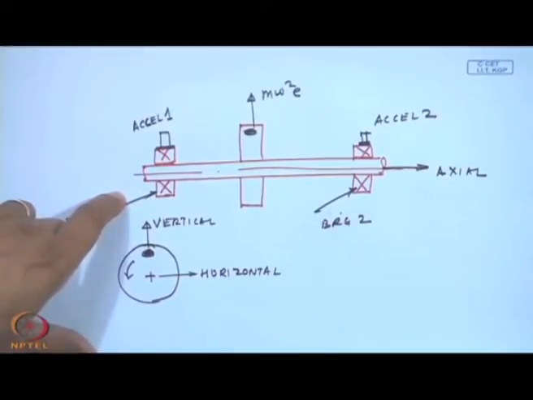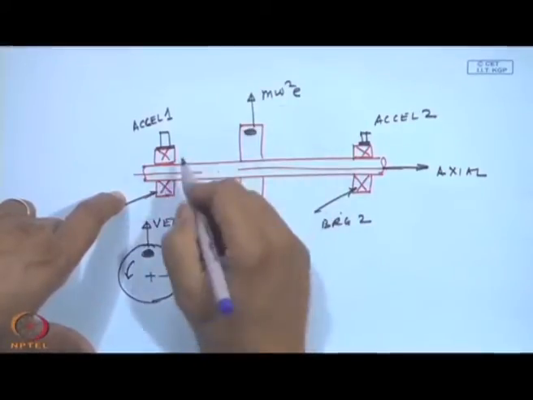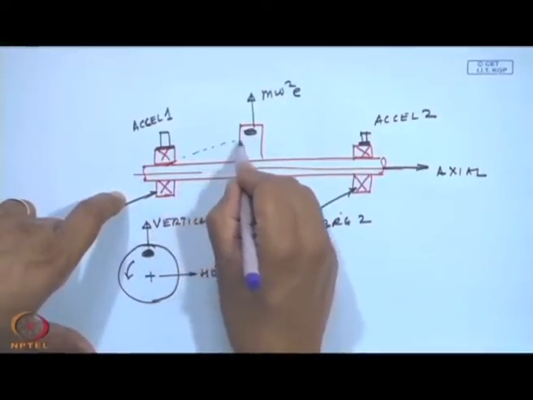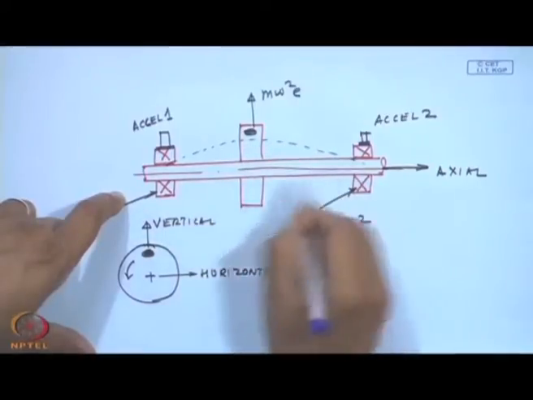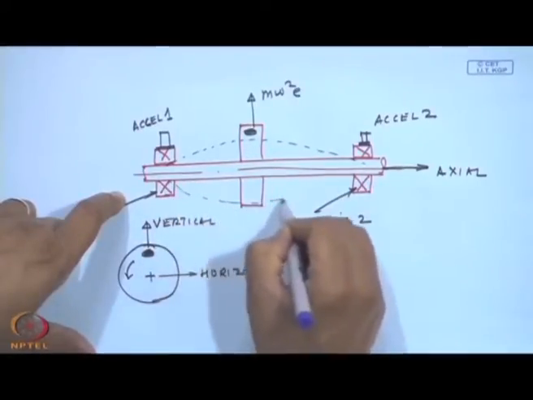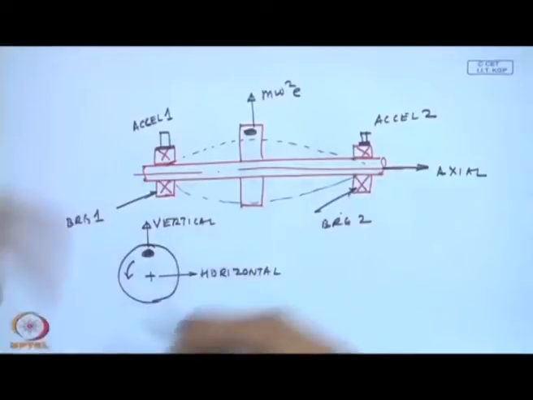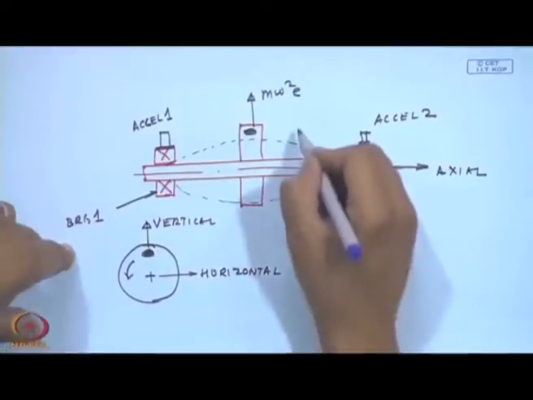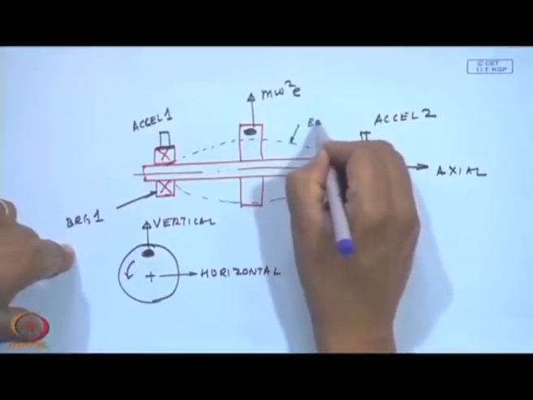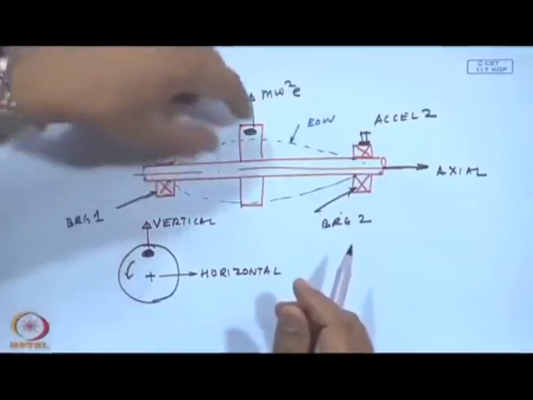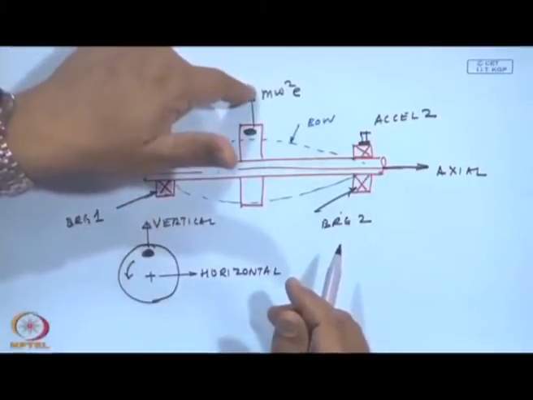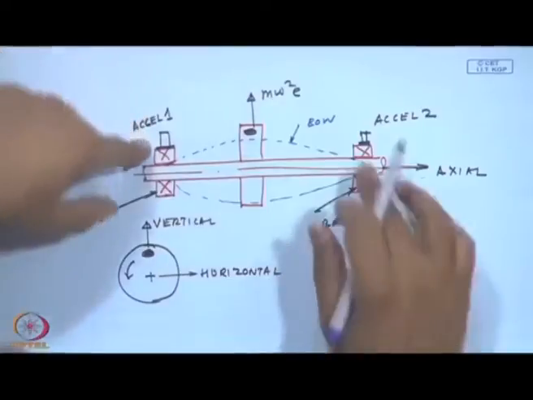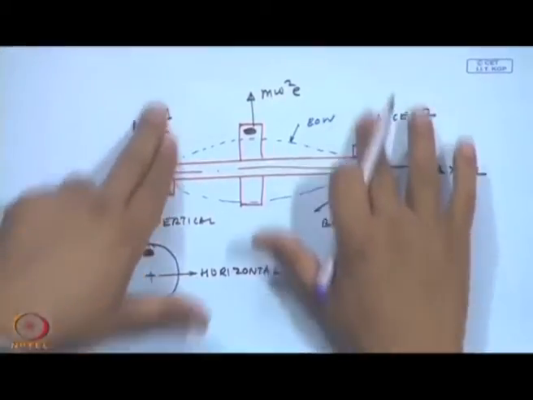So, imagine what is going to happen because of this unbalance. This shaft is going to bow. Okay. Because of this bowing, because of the unbalanced force, I am going to have very high vibrations.